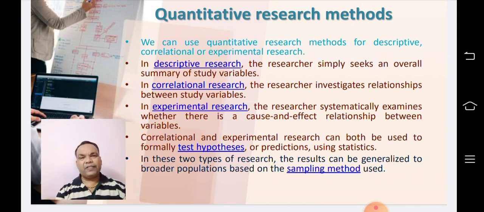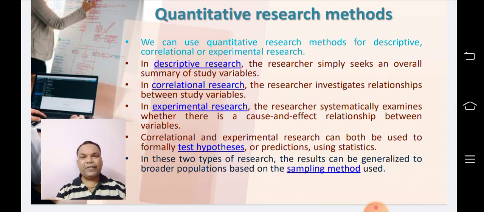Quantitative research methods are also used, especially in experimental studies. In experimental studies, the researcher systematically examines whether there is a cause and effect relationship between variables or not. Correlational and experimental studies can both be used to formally test hypotheses.